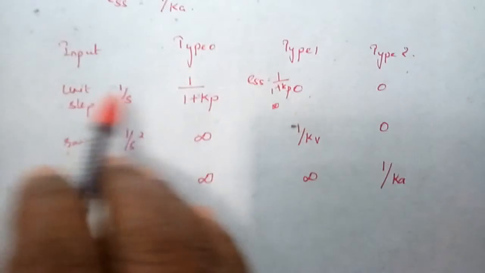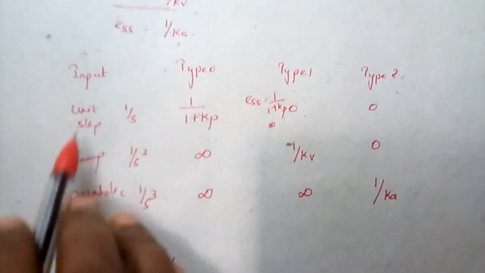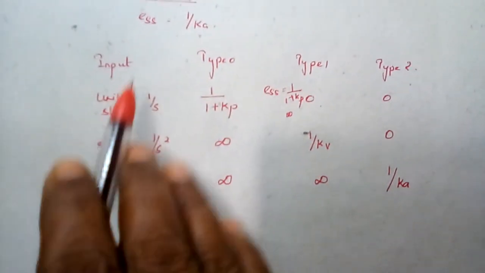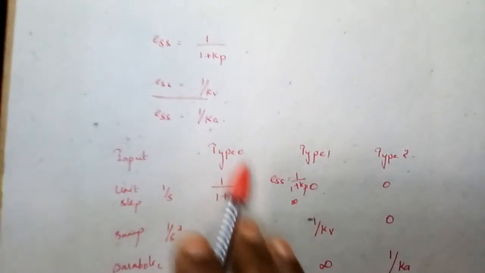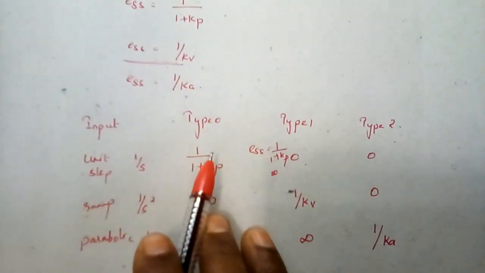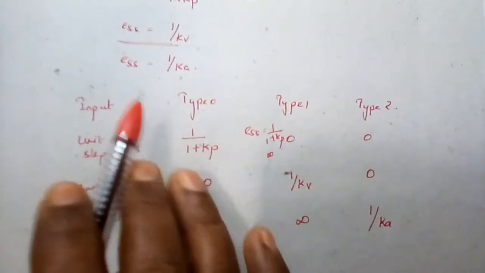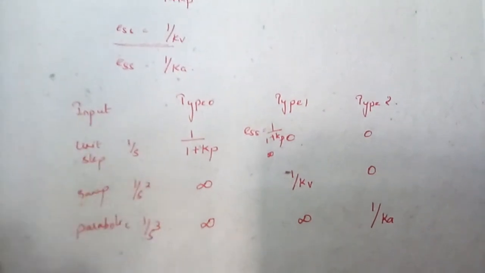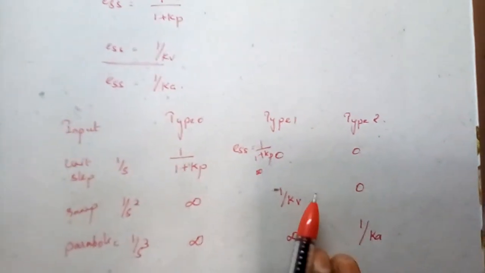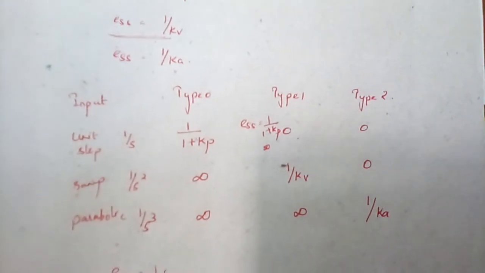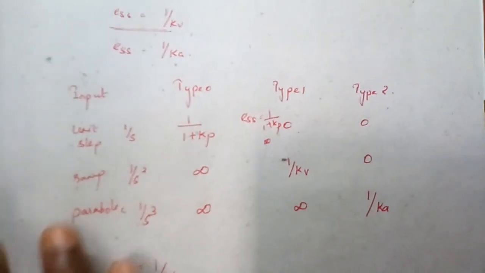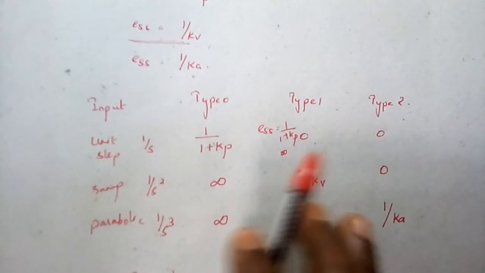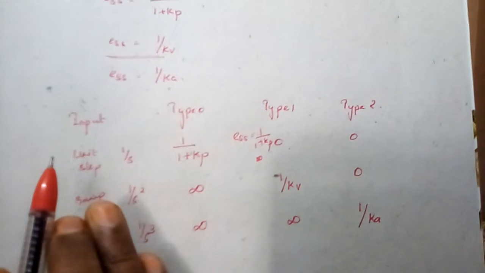If the unit step input is given, there will be a positional error constant, and this will be in the type 0 system. If the ramp input is given, the velocity error constant applies, and this will be in the case of the type 1 system, and in case of acceleration error, it is in the case of the type 2 system. Before the type 2 system the other things are infinite, and after the type 2 system the other things are 0.